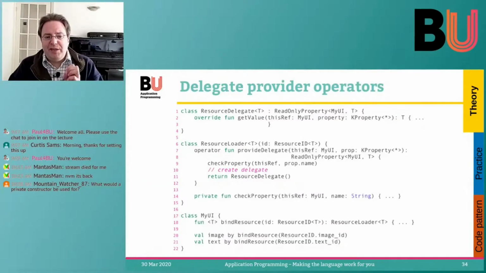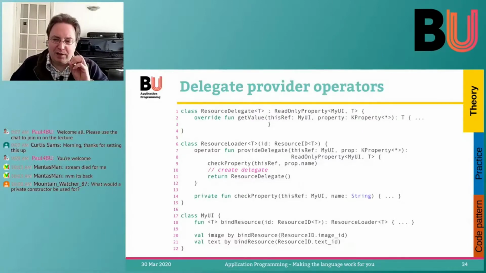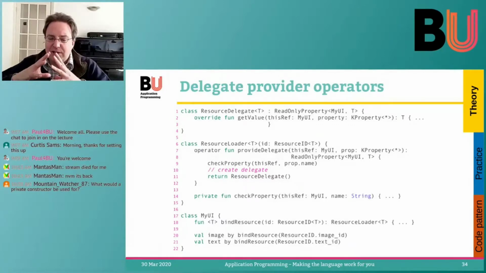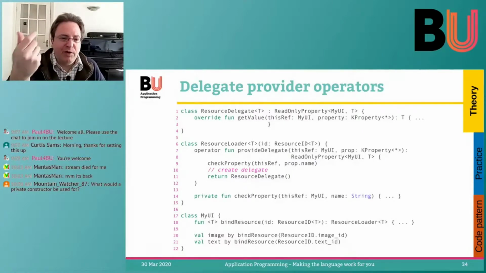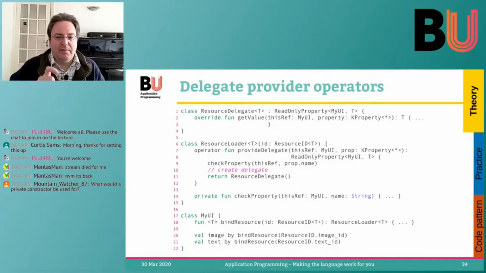There's a very interesting element as well, that is delegate providers. A delegate gets to inspect when you get or set a value. But the function that creates the delegate cannot inspect the property it is created on.